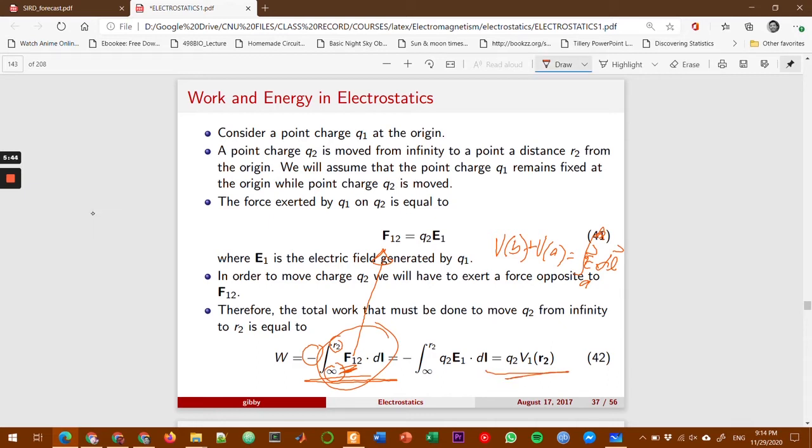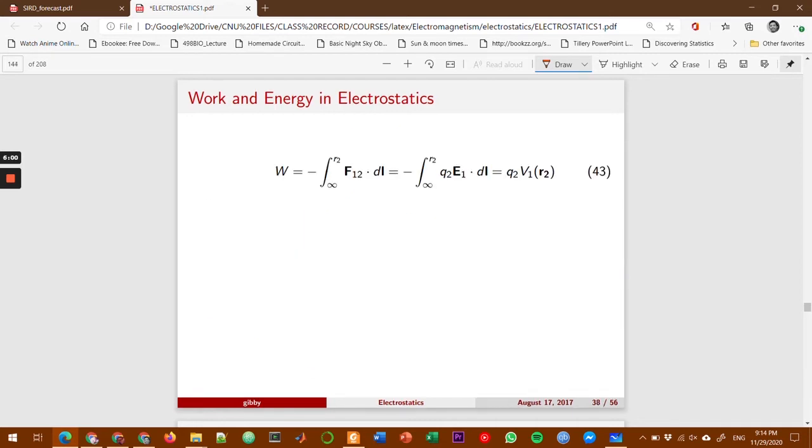So it is dependent on the charge Q2 that you move, and the potential due to this charge Q1 at a certain distance, which is R sub 2 in this case. Okay, so we have this formula. I'm just writing it.